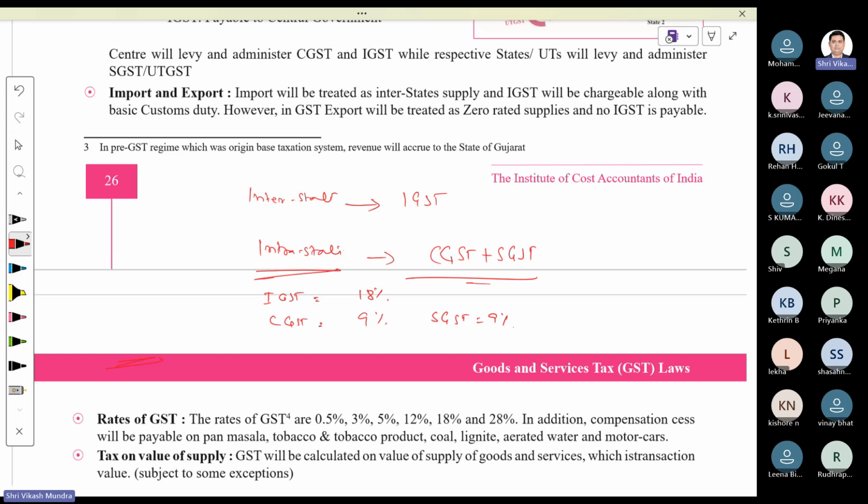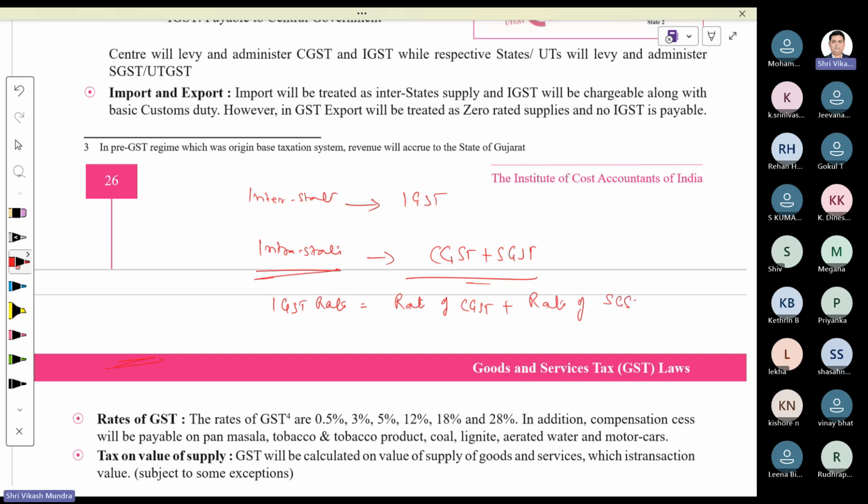So we can say that the equation is like this: IGST rate equals rate of CGST plus rate of SGST on the same product.